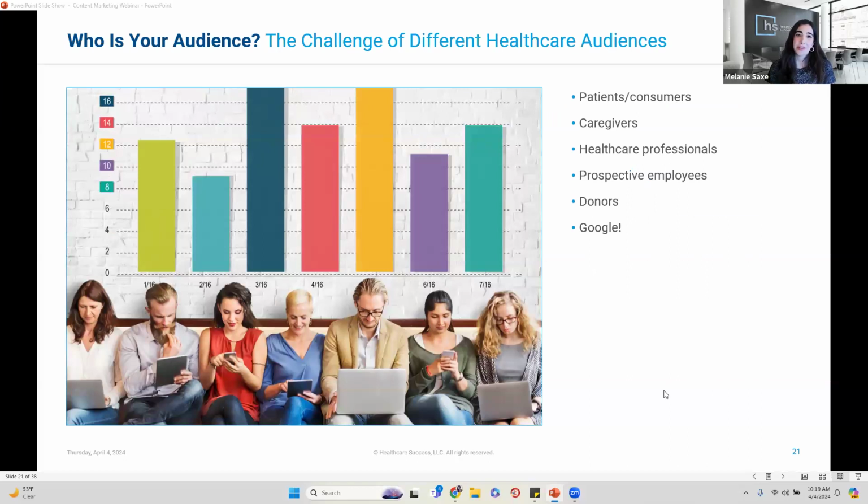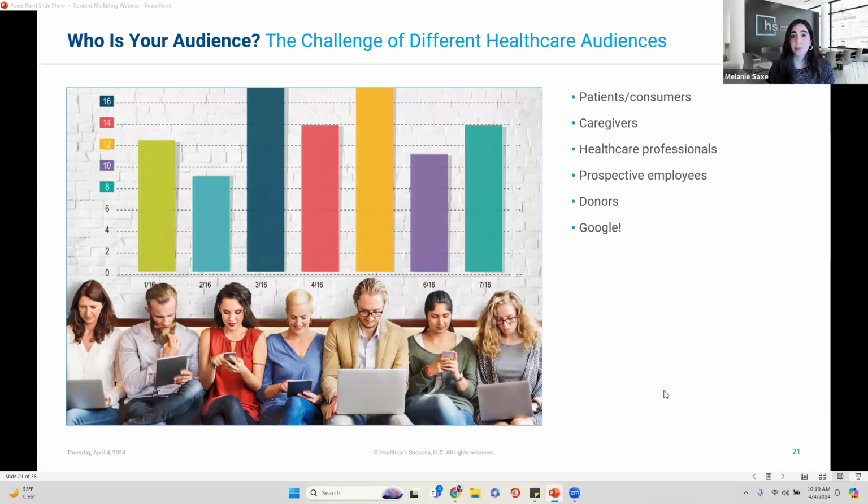But healthcare, as you know, has a unique challenge when it comes to the target audience. We have a lot of them. Depending on your business, a big chunk is your patients, the consumers. So whether in your wellness, healthcare, you've got the caregivers, the decision makers who are the caregivers essentially.